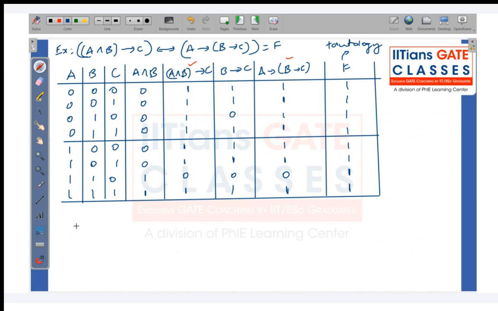Go ahead. What's the contradiction? This one is always false for all combinations of input.